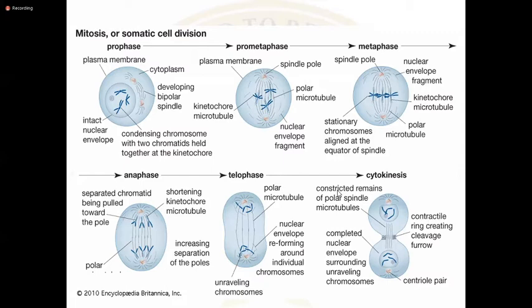Now what happens during pro-metaphase or just before the metaphase? So here we see that the nuclear membrane and the nucleolus, which is seen here, have disappeared, right?